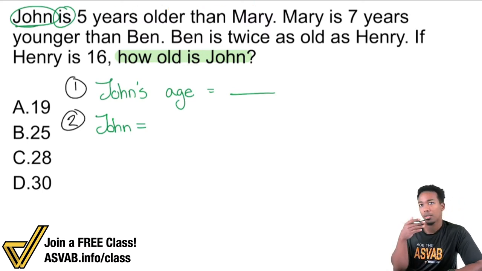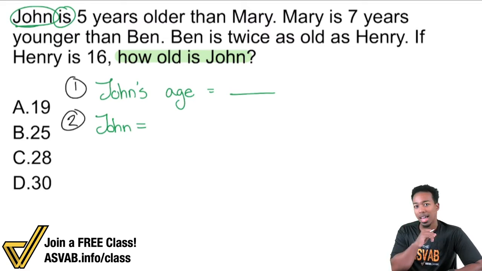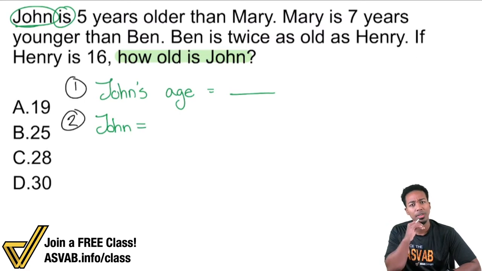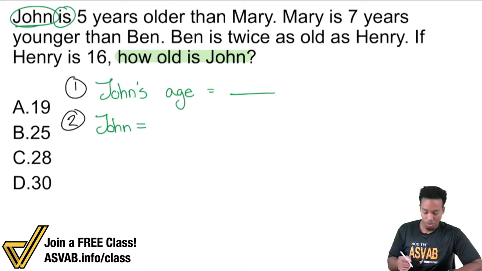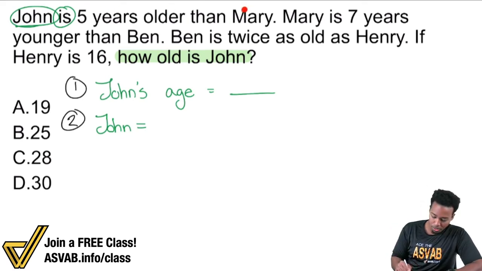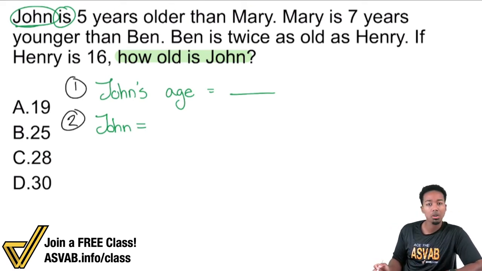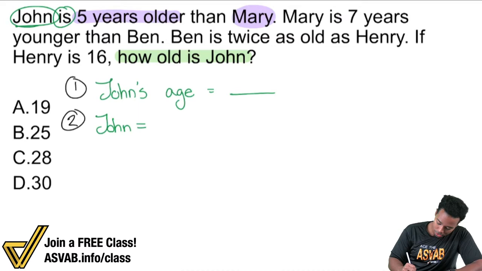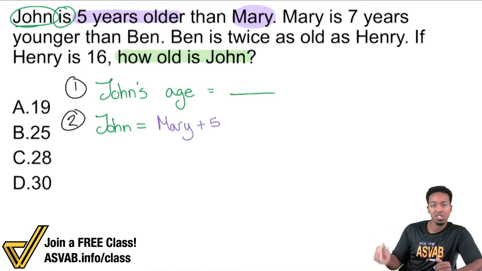When we translate the word older to math, and this is a really important skill, older means more, plus. So John is 5 years plus Mary's age. I'll highlight Mary in purple and say John equals Mary plus 5.